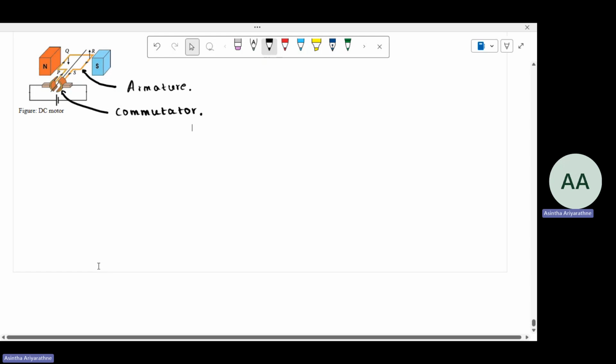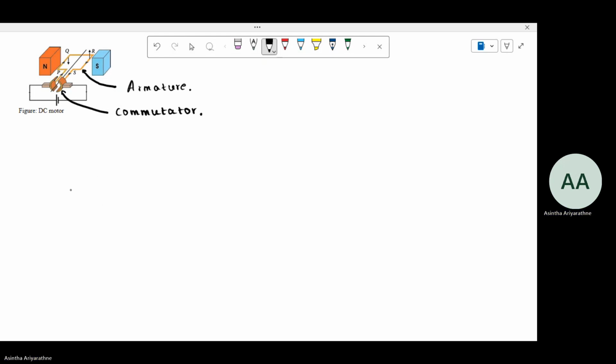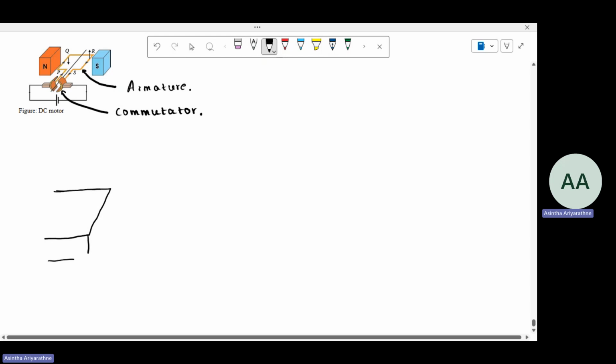Right, so here what happens? There are two magnets.